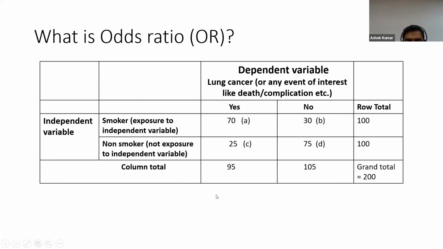We can see from this table the probability of having lung cancer in the non-exposed is 25 divided by 100, and divided by the probability of having no lung cancer, or the outcome of non-interest, in non-smokers, so it is 75 divided by 100.